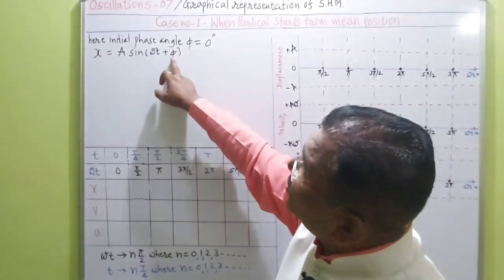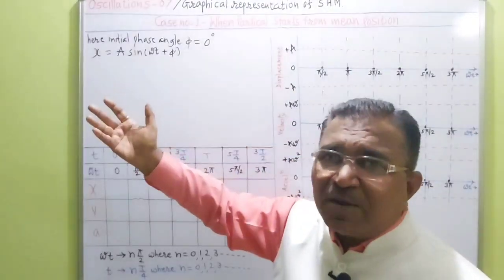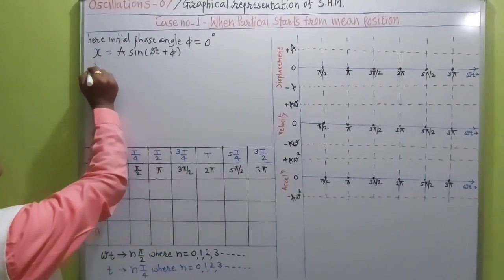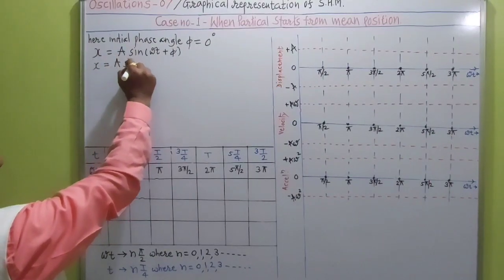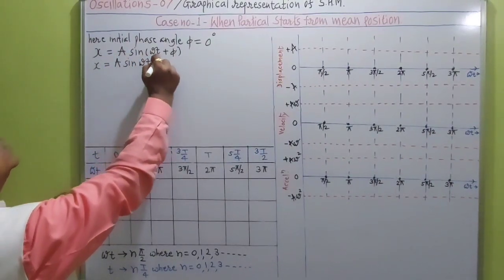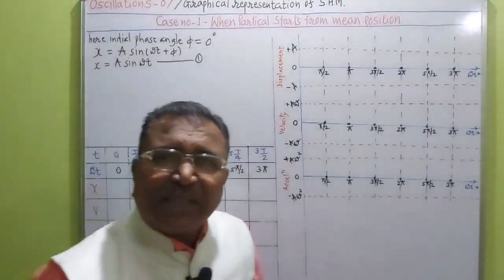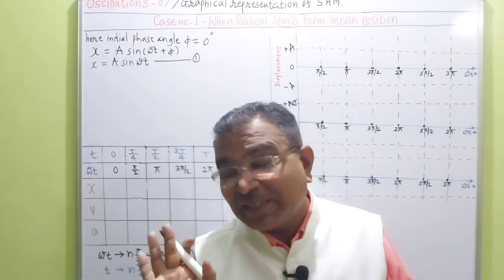So when we put 0 instead of phi, the equation will come like this: x is equal to capital A sine of omega t. This is equation number 1, the equation of displacement, dear students.